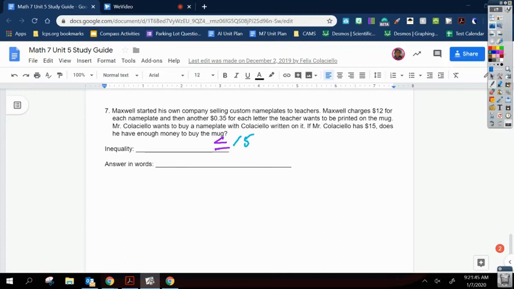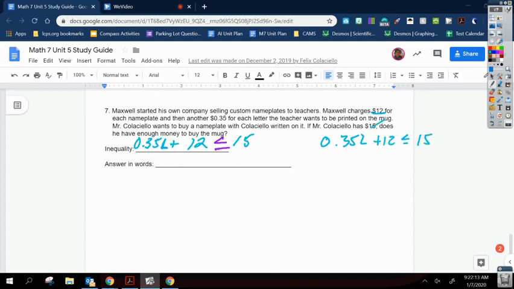Now, it's $12 is the cost of the nameplate plus 0.35 for every letter. We'll do an L. Let's use this and solve. That's what our answer is. 0.35 L plus 12 is less than or equal to 15.